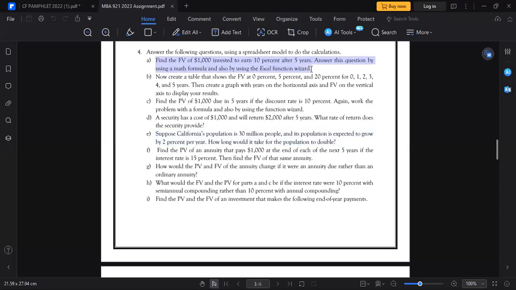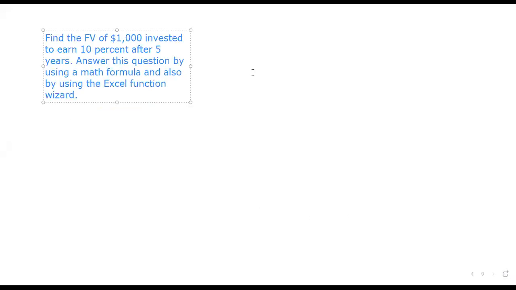Let's start with question A, sorry. Question A. Let's start from the beginning. Question A, we've been given what? Find the future value of 1,000 invested to earn 10% in 5 years. So what have we been given there? Our present value is what? 1,000. 1,000, correct.